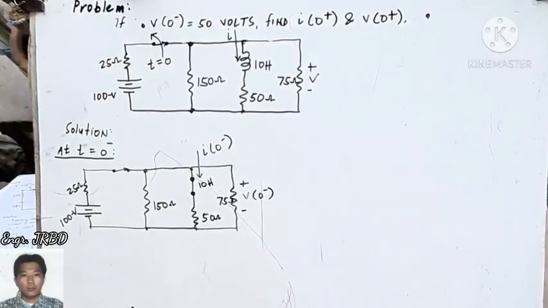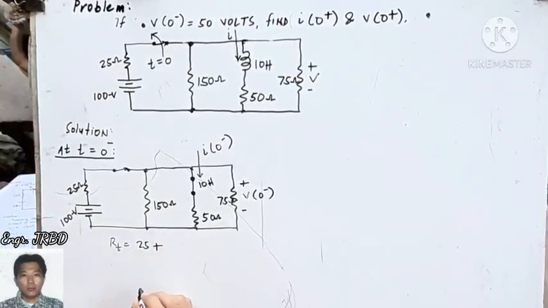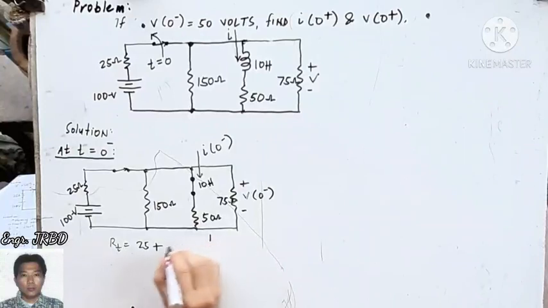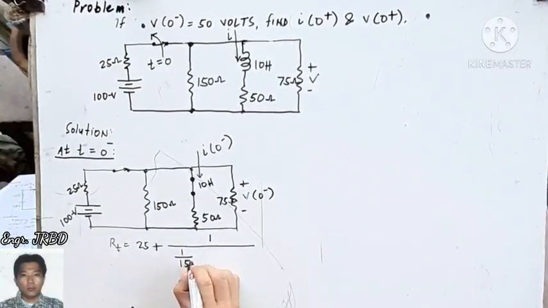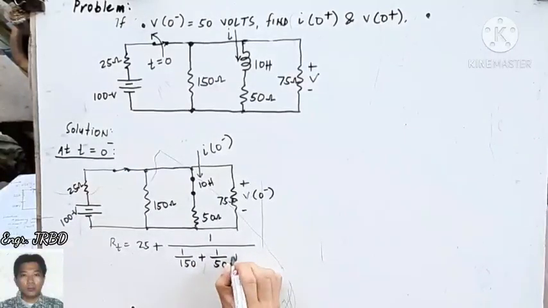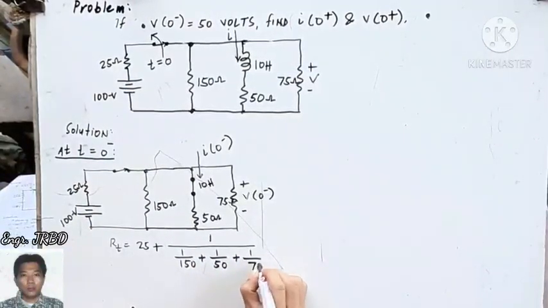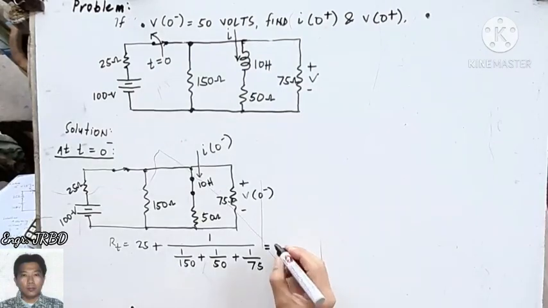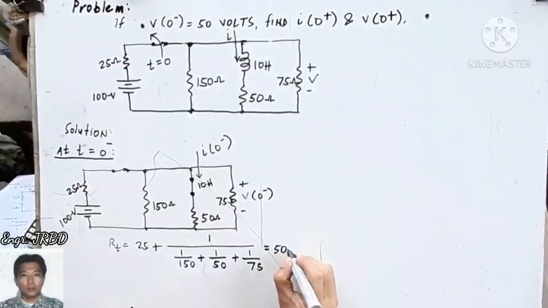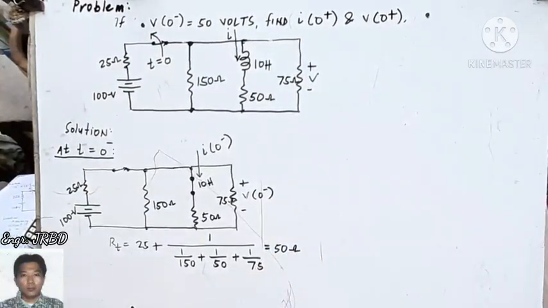Total resistance is 25 plus 1 over 1/150 plus 1/50 plus 1/75, and the total resistance is 50 ohms.